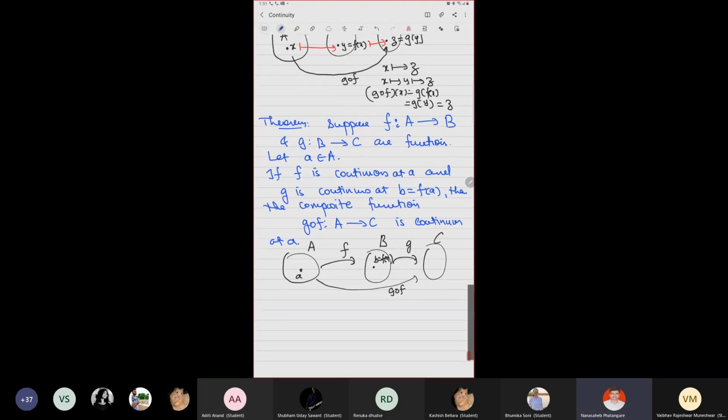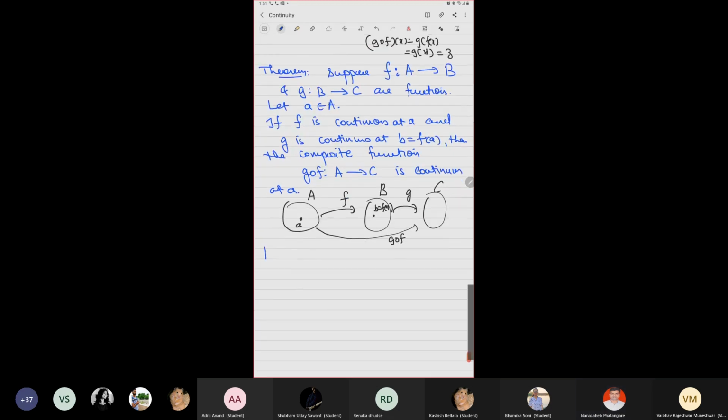So, okay, what is given? What is given is that f is continuous at a and g is continuous at b, which is equal to f of a.